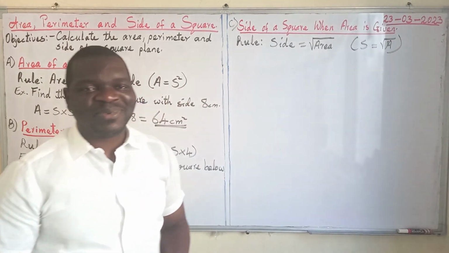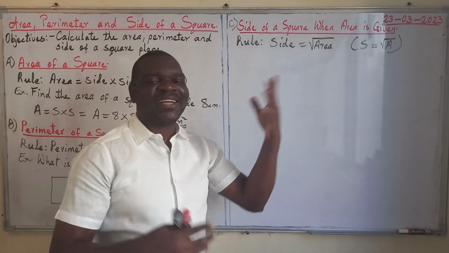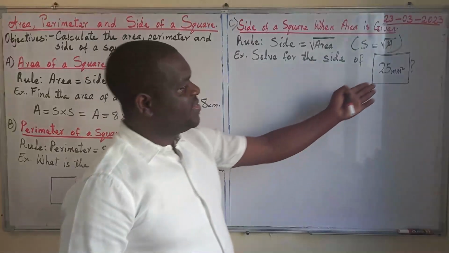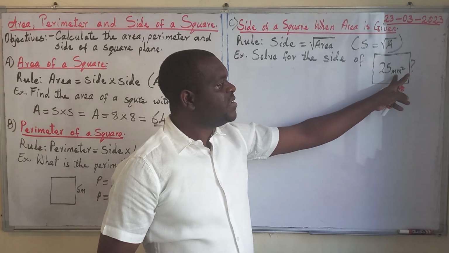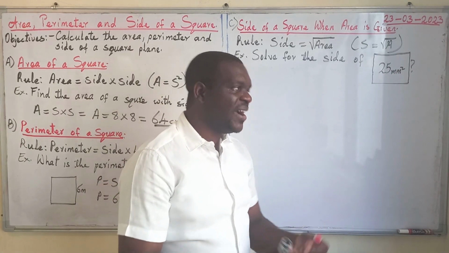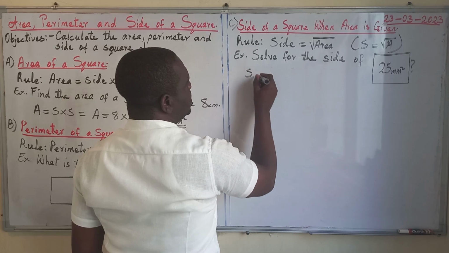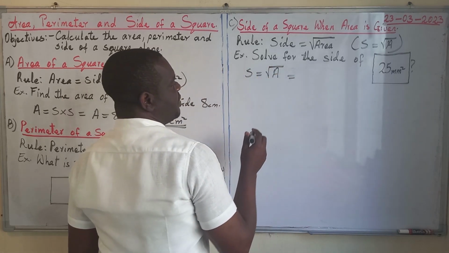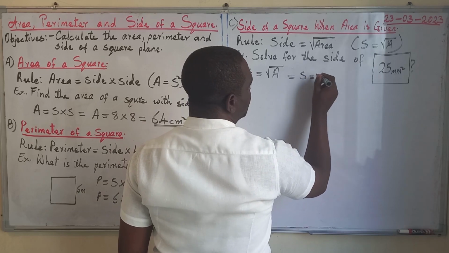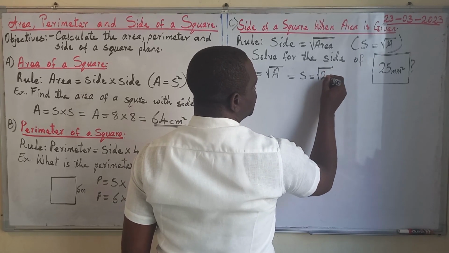Let's look at this example to apply this rule and solve for the side. This is our square, and the area is 25 millimeters squared. So how do we find the side? Side is equal to square root of area, and we know our area already. So side will be equal to square root of 25.